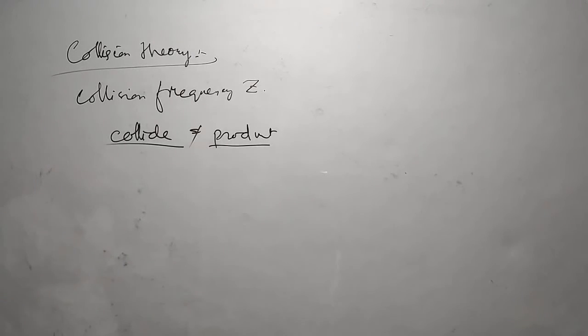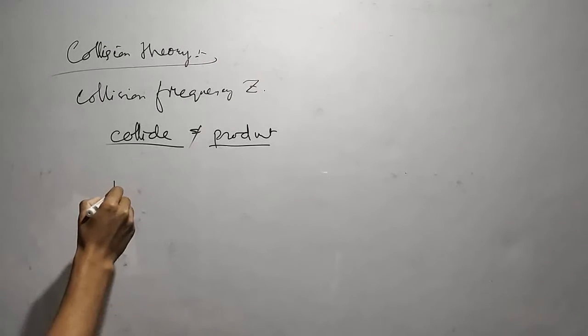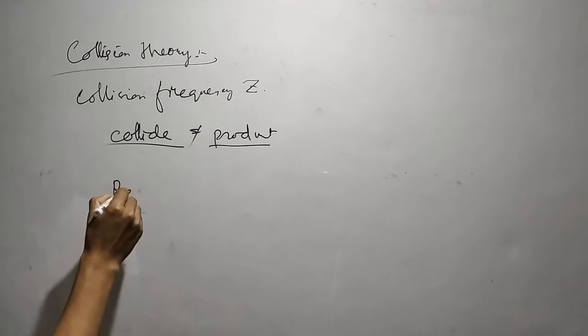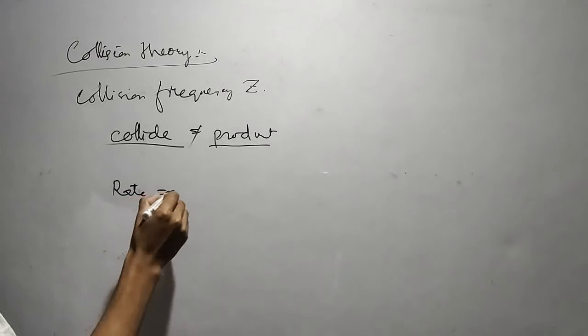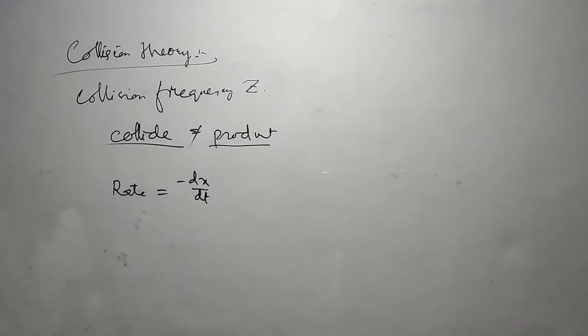There are some main points of collision theory, so I want you to check those out by yourself. There are 3 points. The next one is, we know that the rate is given by this.